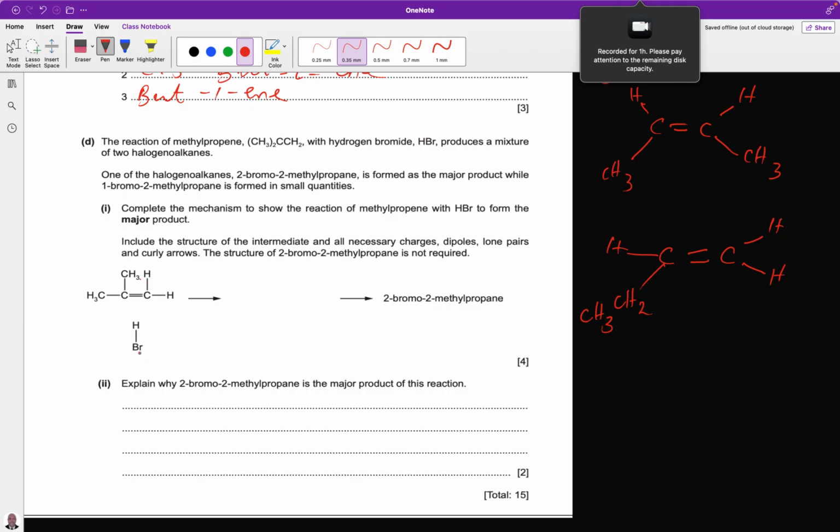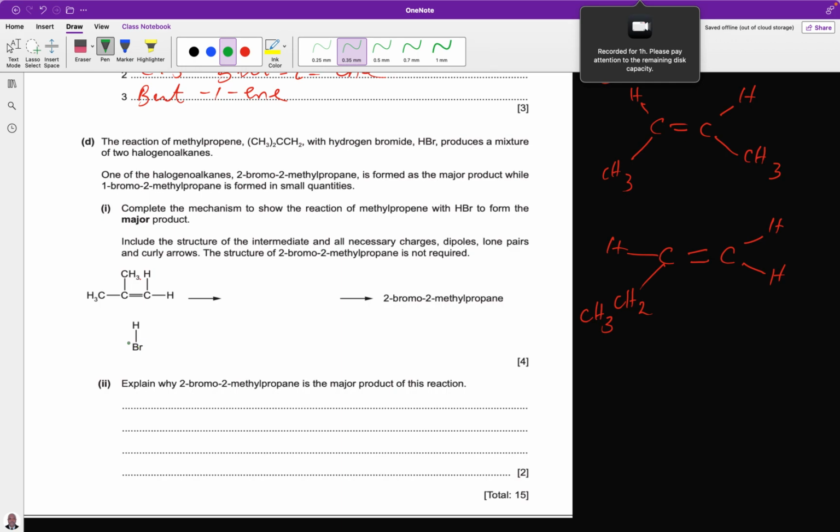So now, the reaction of an alkene. This is a reaction of hydrogen bromide with an unsymmetrical alkene. This is an unsymmetrical alkene. The first thing you are supposed to do here is to show the polarity of the hydrogen bromide.